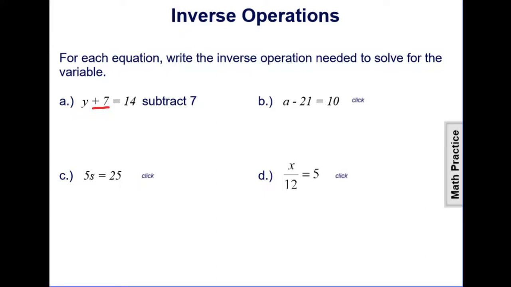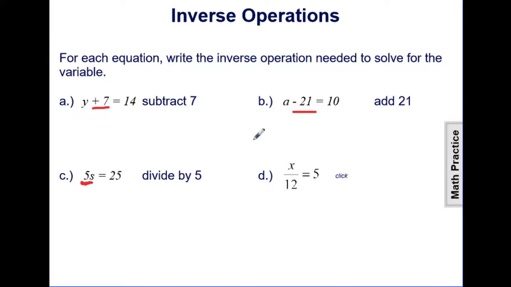For b, we have b minus 21 equals 10. So we're currently subtracting 21. So the opposite would be to add 21. Here we have 5 times s equals 25. So we're multiplying by 5. So the opposite or inverse would be to divide by 5.